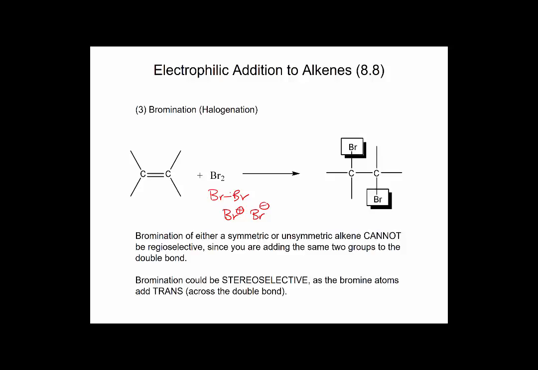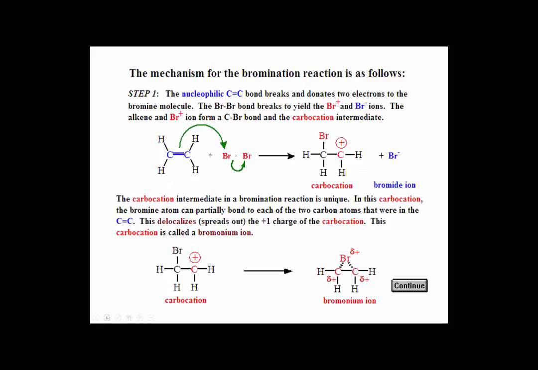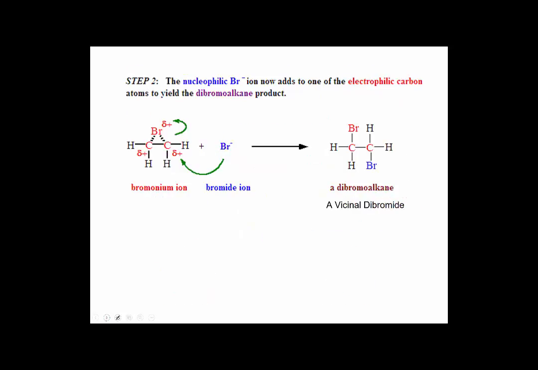Now, a Br plus is big enough to sit on top of both carbons of the double bond. H plus was not big enough to do that. H plus chooses which carbon it's going to bond to.